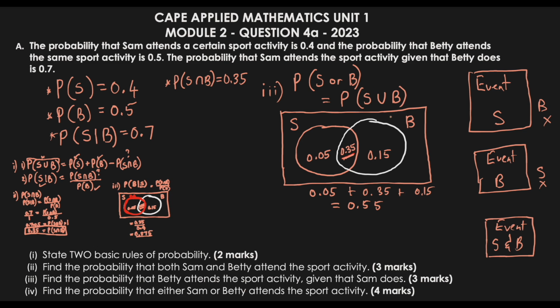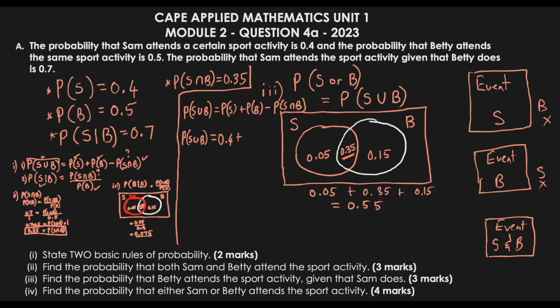So the formula for situations when they are intersections, we looked at it right here earlier. In essence, I could say that the probability of Sam or Betty going is the probability of Sam plus the probability of Betty minus the intersection of them going. And guess what? We have all of these now, so we can use this. So Sam or Betty would be equal to the probability of S, which is 0.4, plus the probability of B, which is 0.5, minus the probability of the intersection, which is 0.35.